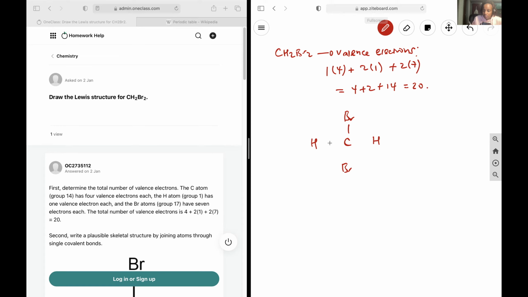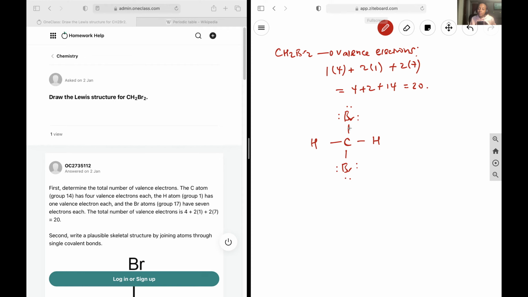And so let's just connect them with single bonds. We see the carbon is happy, hydrogens are happy. Let's fill in our octets and see if all of those valence electrons have been accounted for. So 2, 4, 6, 8, 10, 12, 14, 16, 18, 20. So yes, they have been. And we don't have any formal charges because 2, 4, 6, 7, so the 2 bromines are going to be happy. Hydrogen has 1, carbon has 4, 4. So there's not going to be any net charge.